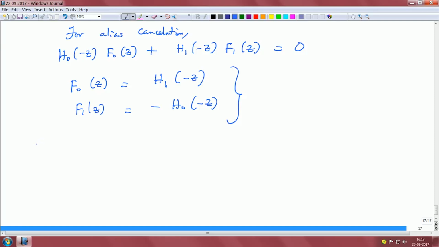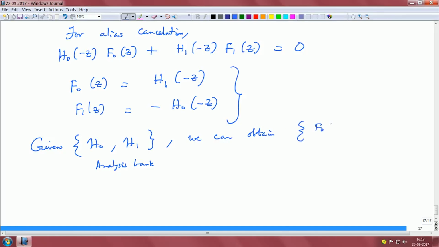So, given h naught and h1, this is the analysis bank, we can obtain f naught and f1 as above to remove aliasing error. Okay, this really cancels out aliasing.